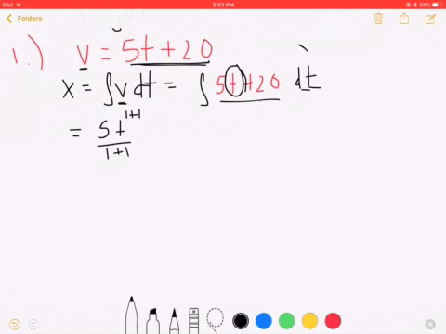That dt applies to both terms, just like distribution in algebra. So I'm going to have plus 20 t to the 0. Oh, that's awful, hold on.